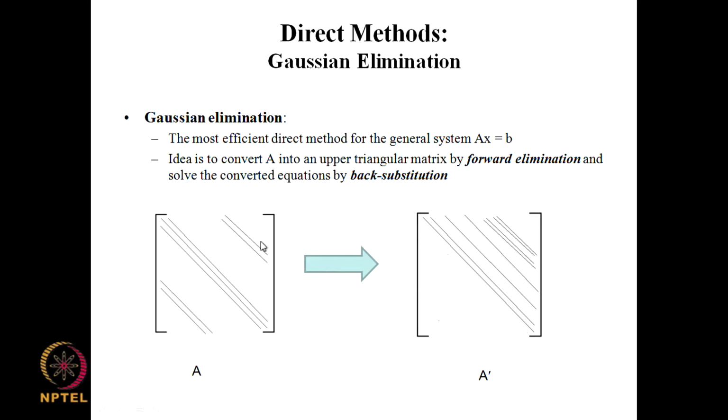So, you have a forward elimination method where you are converting these non-zero elements into 0 here, and in the process convert the A matrix into an upper triangular matrix, and then substitute this upper triangular matrix, which is a different way of writing this Ax equal to B as A prime x equal to B prime.